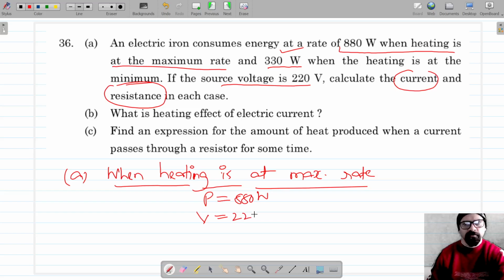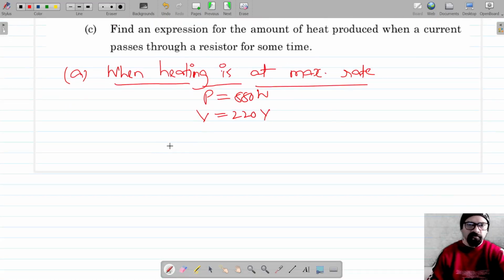So V is 220 volt. We have to find the current and resistance in each case.